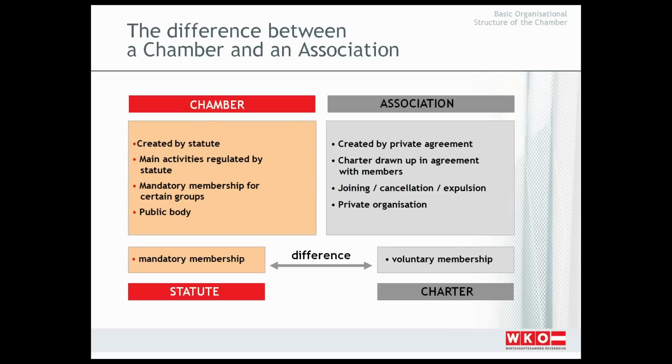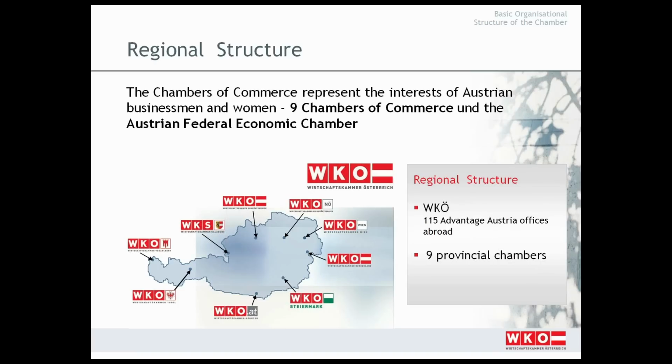As you can see, there is a membership by law through the Federal Economic Chamber, which is quite a difference to other private organizations, obviously, and we are a public body and regulated by statute. Just to give you a very short insight, we are not only a federal body, we are also quite localized.